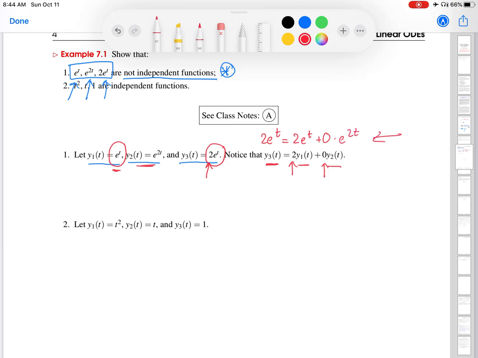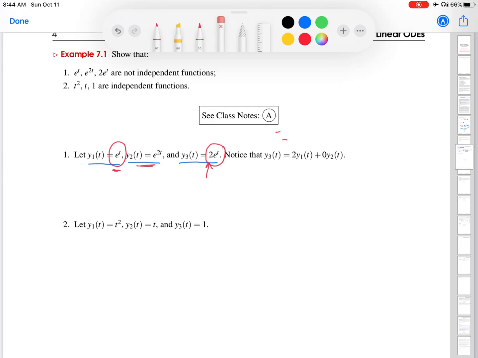You can see that this is a true statement. So in fact, this is the relationship between the three functions that we have discovered. Because one of the functions is a linear combination of the other two, that's why these three functions are not independent functions. Okay, so that explains that first example.